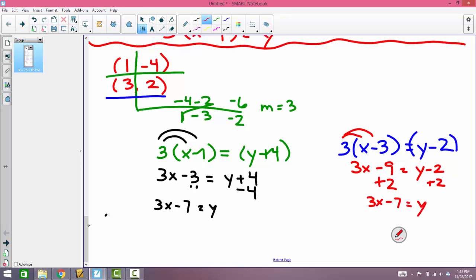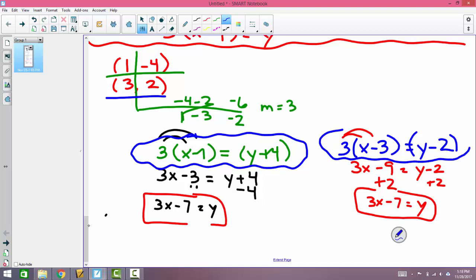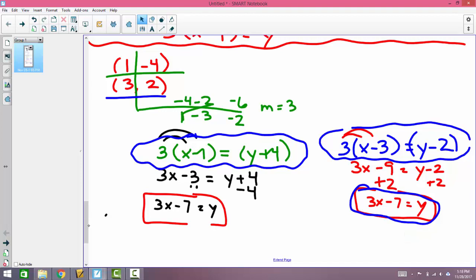Hopefully you're noticing that you get the exact same equation, y equals 3x minus 7. So this equation is the exact same as this equation, which is the exact same as this equation. All the same exact equation.